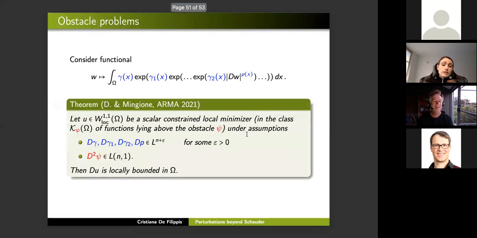Therefore, we have these sharp regularity results, sharp with respect to all the ingredients considered, also the obstacle.